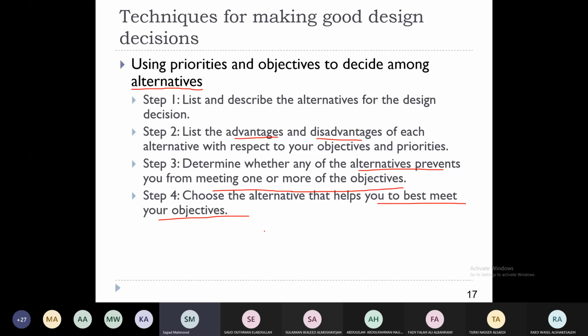Is everybody comfortable with this? Yes. Right, and this is my message from day one, and I hope I'm able to convey it to you, that as a designer, you have to think about alternatives for design decisions at every stage.